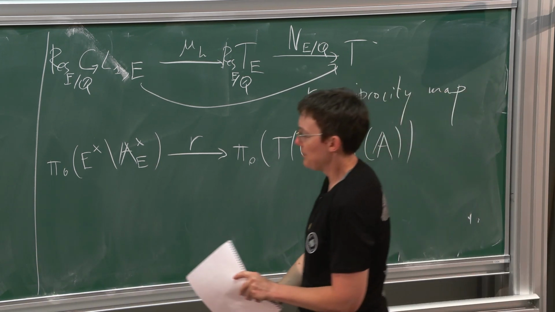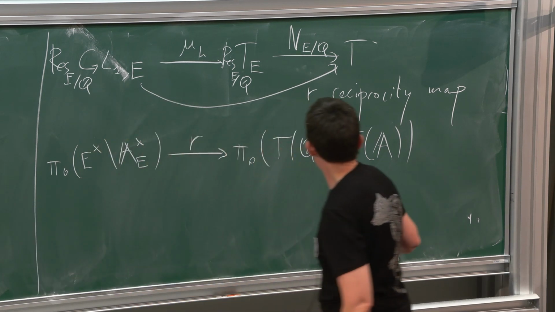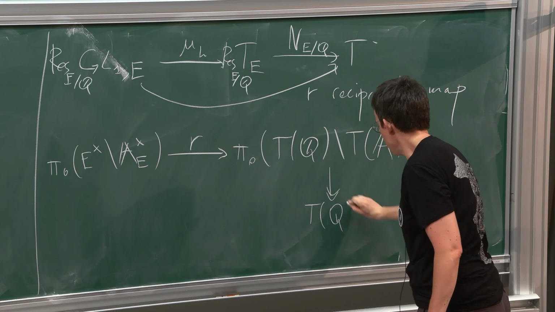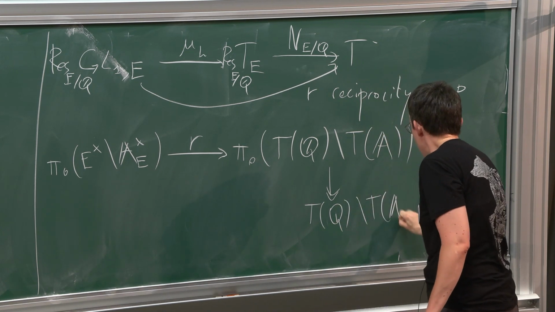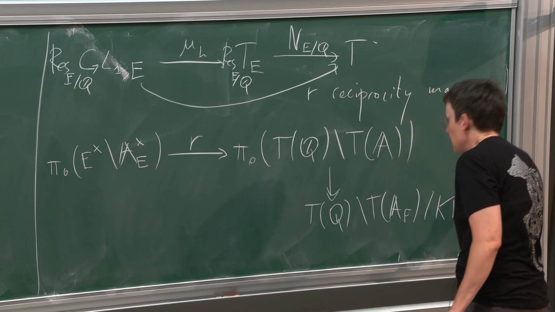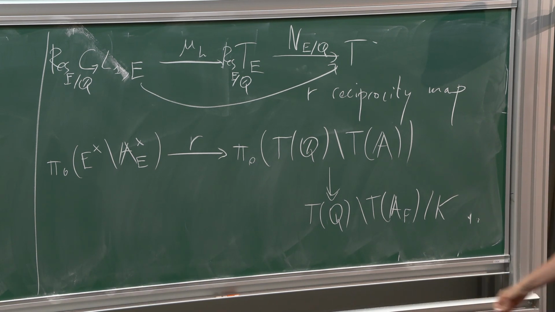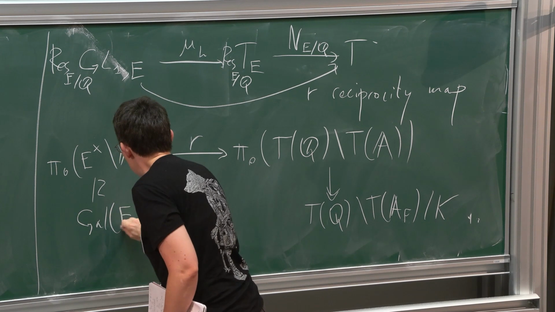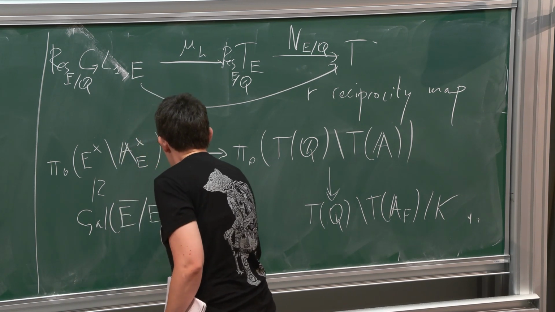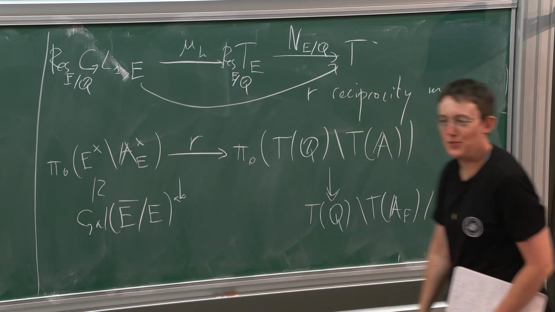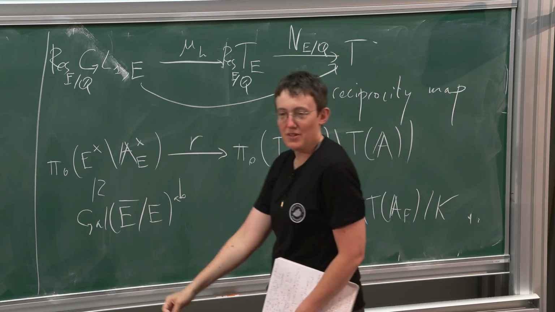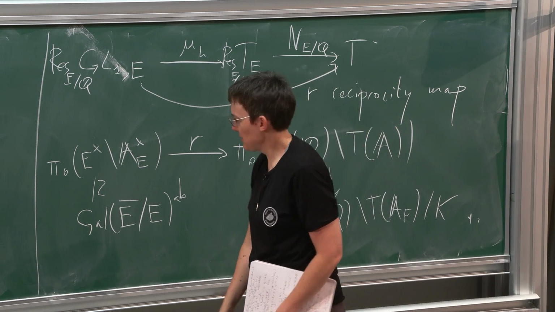And this being a finite set, this actually surjects on this Shimura variety at level K. Okay, and this, by global class field theory, is isomorphic to the abelianization of the absolute Galois group of E. Right? Did I say something wrong?